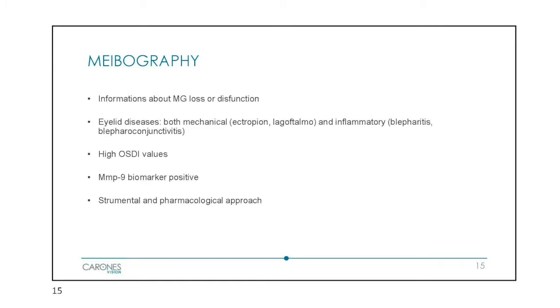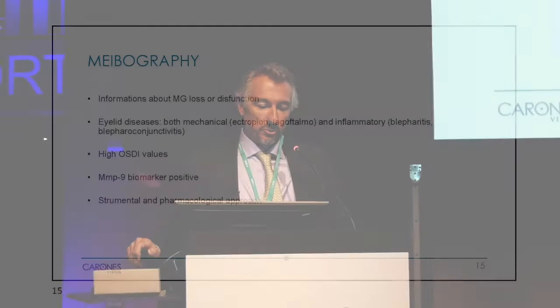Usually, if you have a patient with a chronic disease like chronic blepharitis, the OSDI values, the questionnaire values, are very high, and also the inflammatory test, that means the MMP9 biomarker, is positive. And this condition requires both an instrumental and a pharmacological approach.